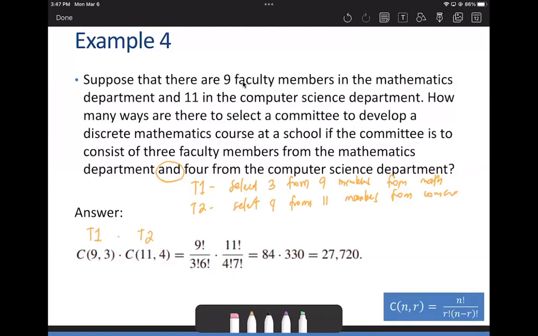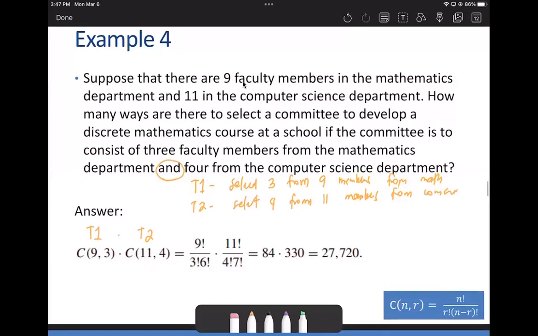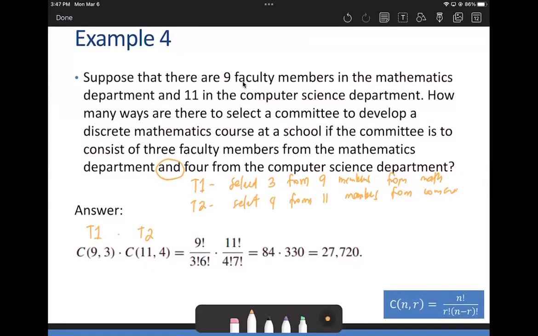And for T1, the way we can solve this is to use combination, which is combination of 9 taken 3, times the combination of 11 taken 4. And for each of these, you compute the combination, and then we will have the final answer, which is 27,720.